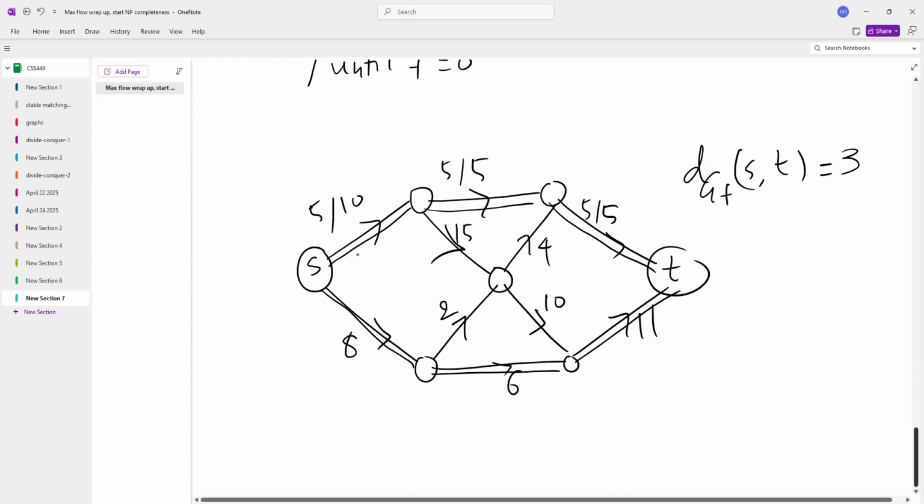And so that's one iteration of the blocking flow computation. And now the bottom path has bottleneck 6, so I can send 6 flow along the blocking path, right?